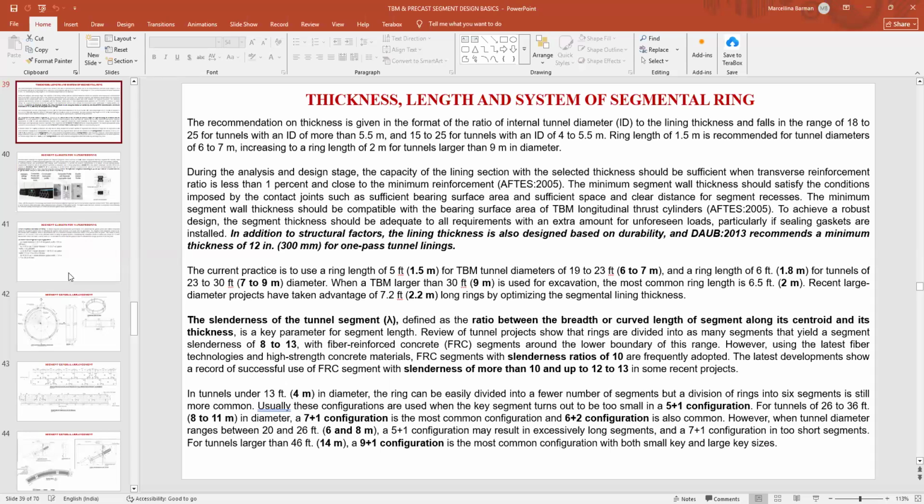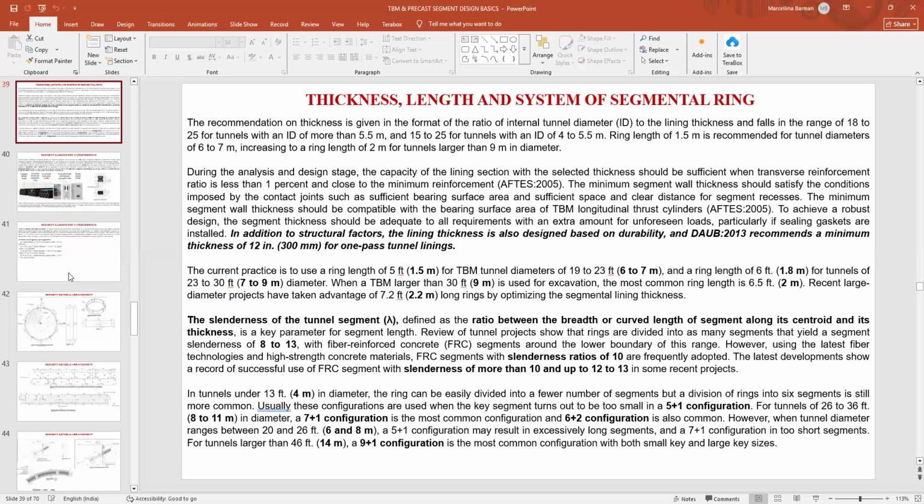Now, what will be the ring configuration? Ring configuration means the total number of pieces, because for making the complete circle there are several pieces. It can be a 5 plus 1 configuration, a 7 plus 1, or a 9 plus 1 configuration. Nowadays, in very large diameter tunnels of around 12 or 14 meter diameter, we make a ring configuration of 9 plus 1.